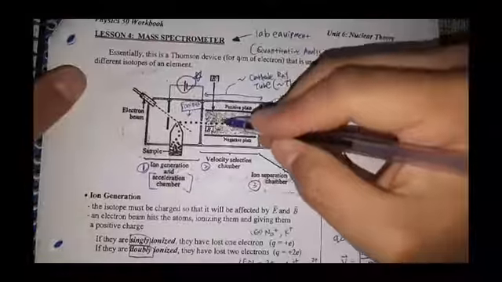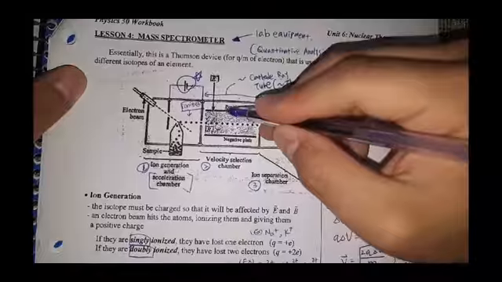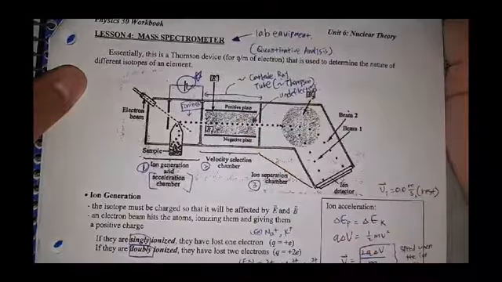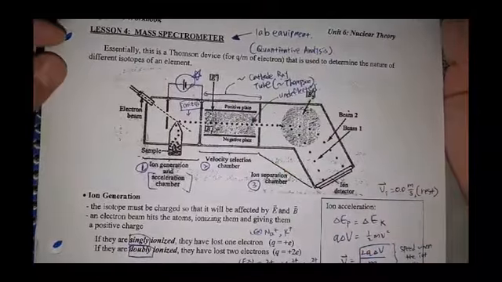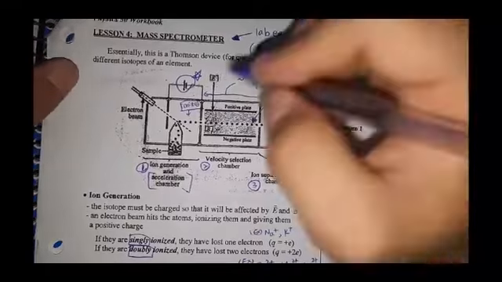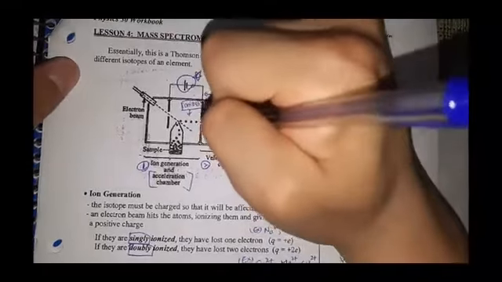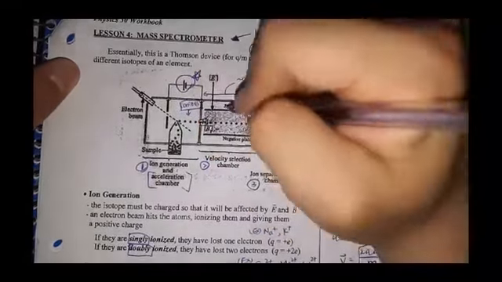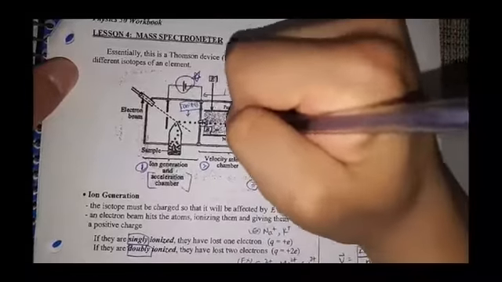If the speed differs, then some of them will be deflected above or below. Imagine a positively charged ion going through this chamber.